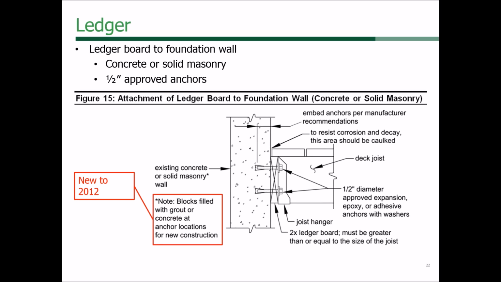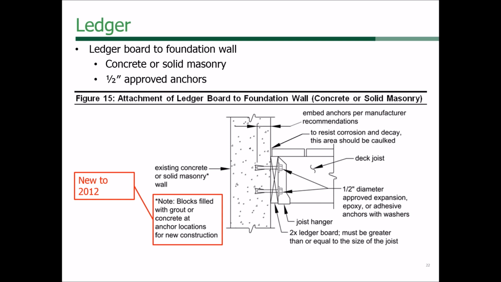It says blocks filled with grout or concrete at anchor locations for new construction. What we didn't want is just CMU masonry to be there, and then you add this 1/2-inch diameter connection into it, and it's only really grabbing onto that CMU wall, so not that much.